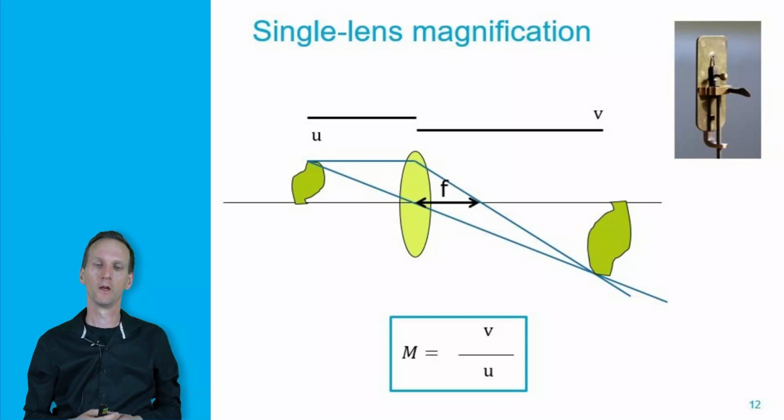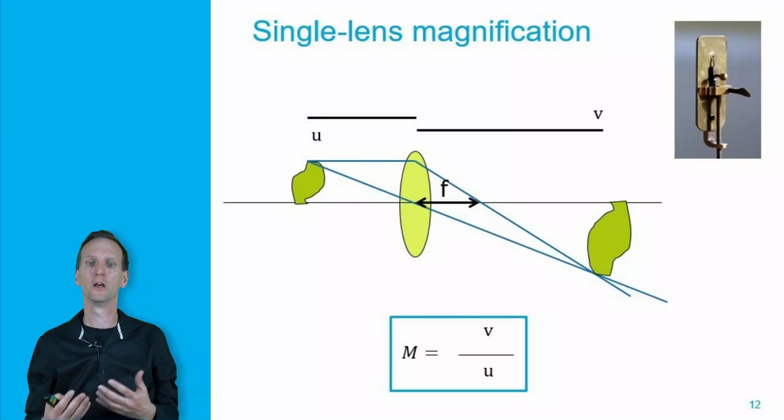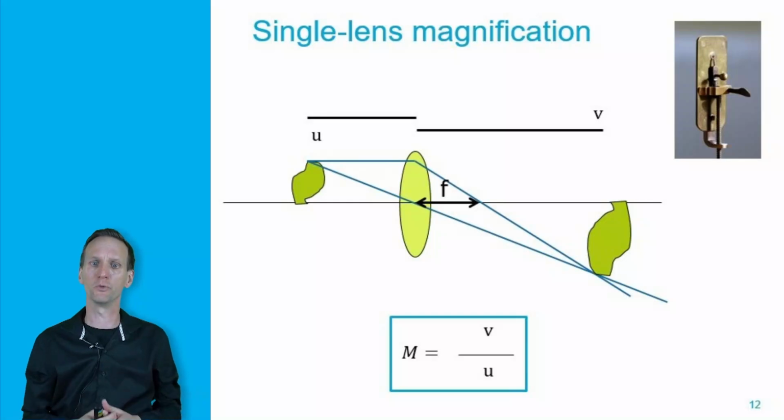Now the magnification by such a lens is given by the ratio between the image distance and the object distance. The relation between these two is governed by the focal distance of the lens, f.